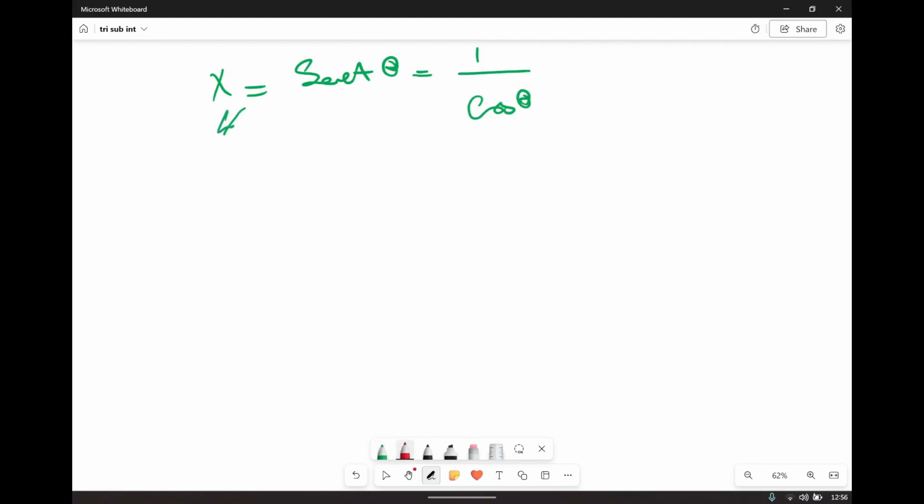Consider, for example, if we're going to calculate the integral dx over the root square of x squared minus 1.